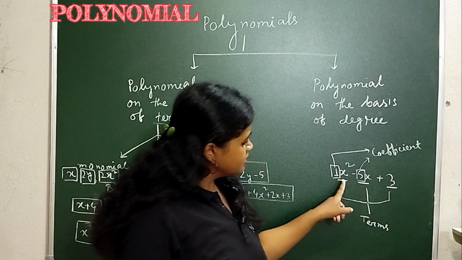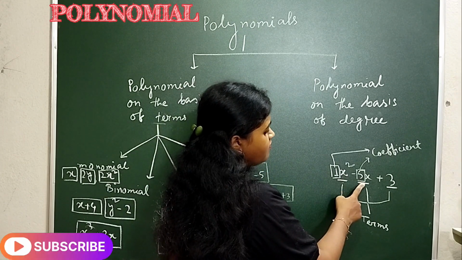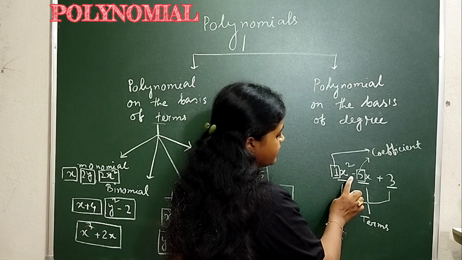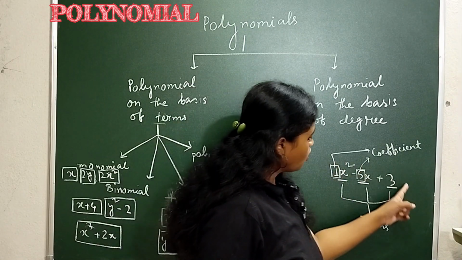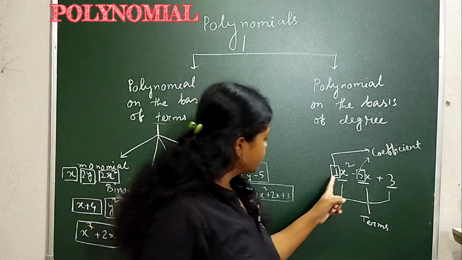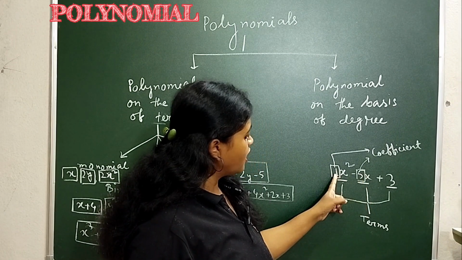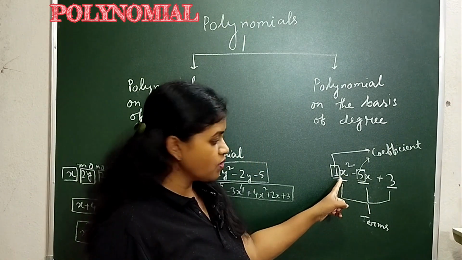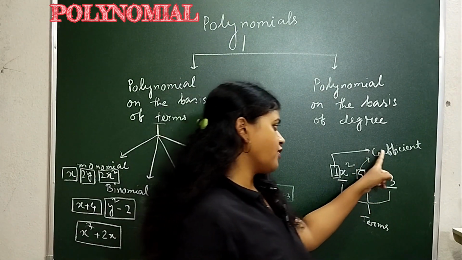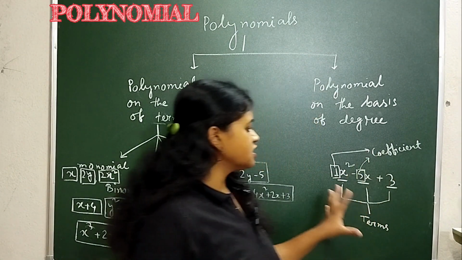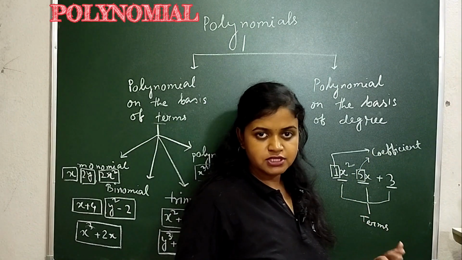Here x square, 5x and 3 are terms, and they are connected by addition or subtraction. So this is called a polynomial. Here the coefficient of x square is 1, and the coefficient of x is 5. So this is the concept of coefficient and terms.